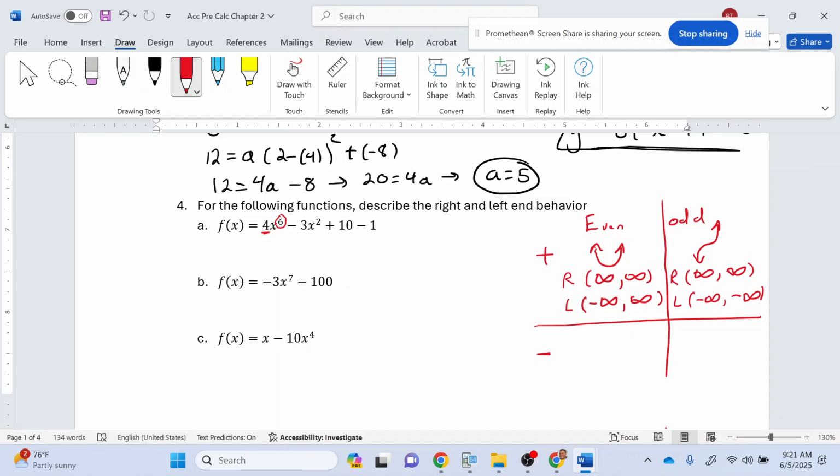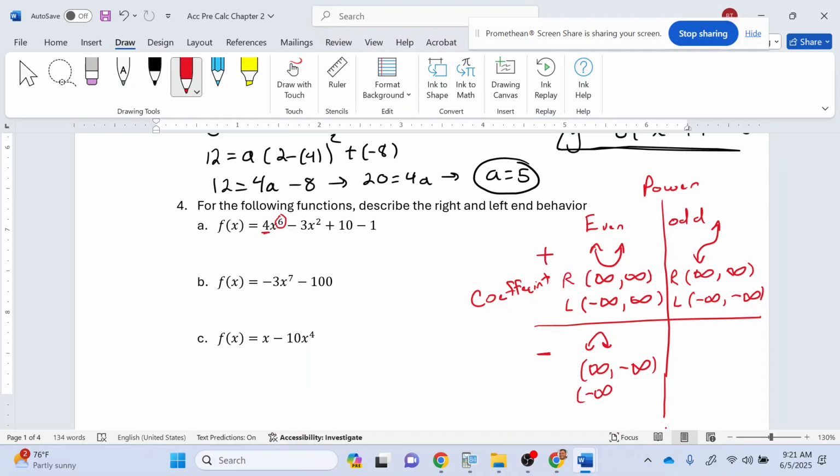If the number in front is negative, it will look like an upside down parabola. So this is for the power, and this would be for the coefficient. A negative number in front with an even power would be an upside down parabola. Because of that, as I go right, toward positive infinity, I'm going down, so positive, negative.